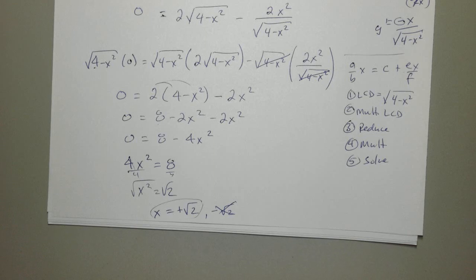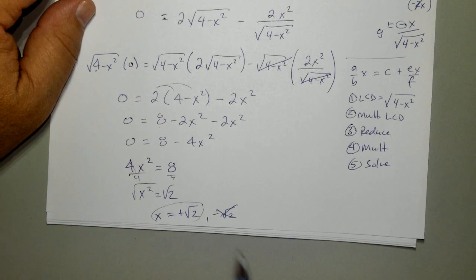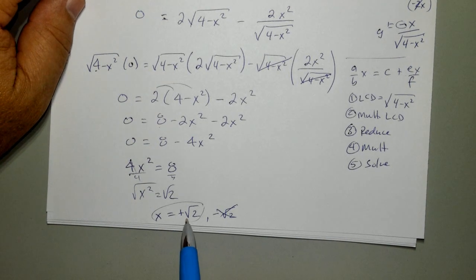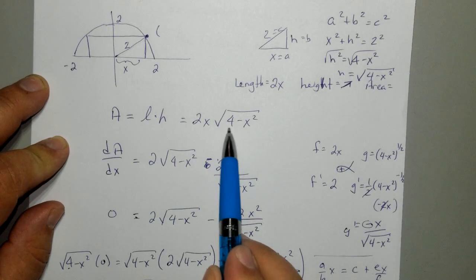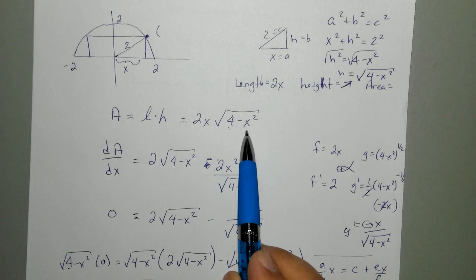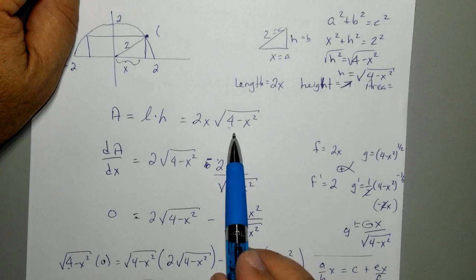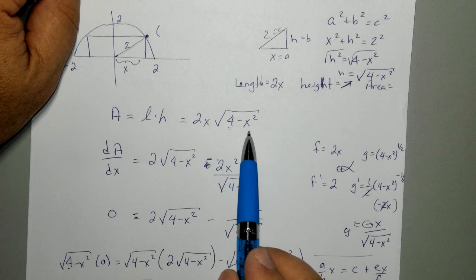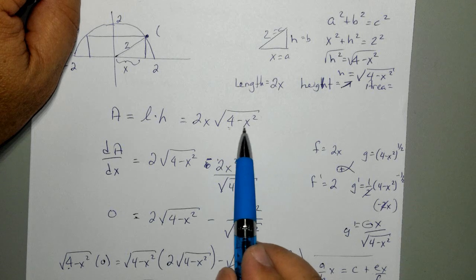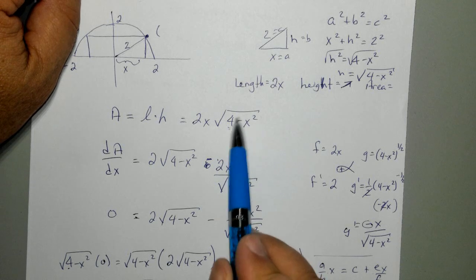What's our domain of x? That's our intermediary point. Looking at the original one, inside the radical, what's the smallest it can be? The smallest it can be is 0. You cannot have negatives inside radicals.